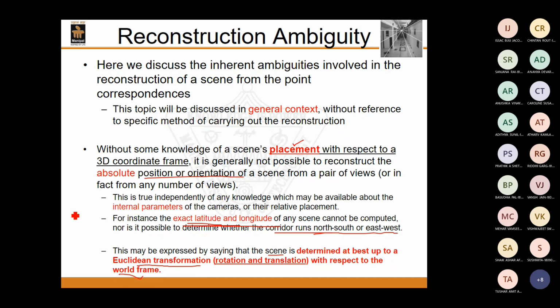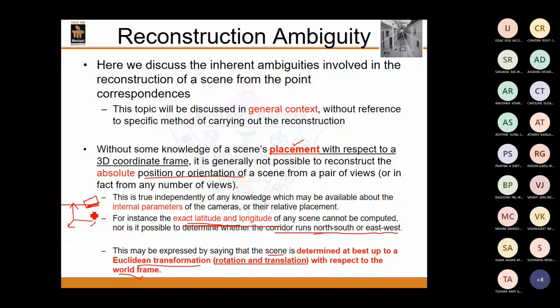That means I have reconstructed a particular scene, but since I cannot say what the exact position is in terms of the world coordinate, for example latitude and longitude, or the exact orientation with respect to the actual world coordinate, what I know is that this is some kind of Euclidean transformation of the actual case.